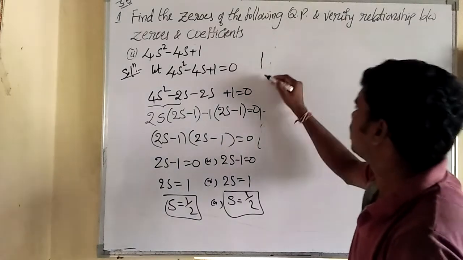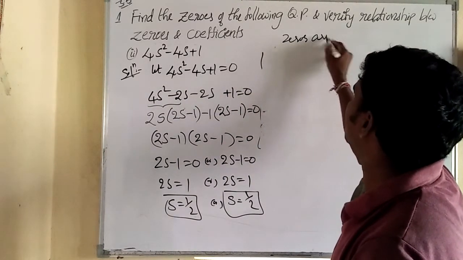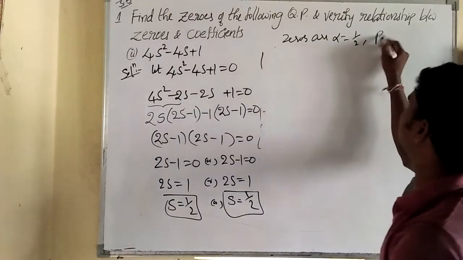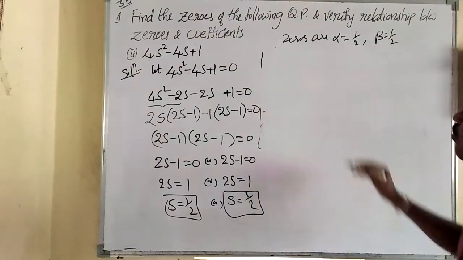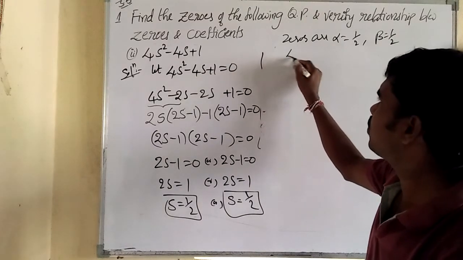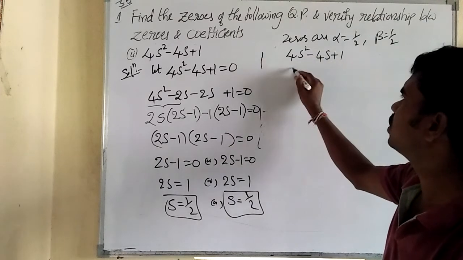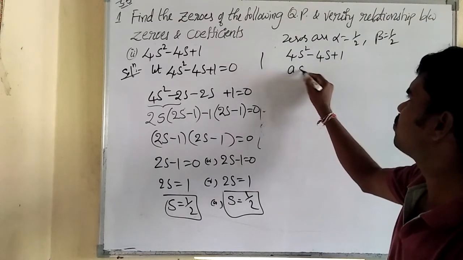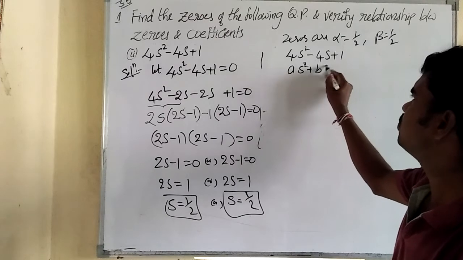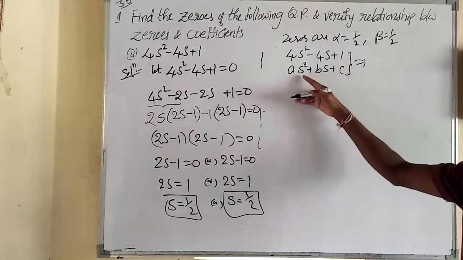Yes, verify the zeros and coefficients. What are the zeros? Zeros are alpha equal to 1 by 2 and beta equal to 1 by 2. Next, the coefficients. What are the coefficients? Compare with the general form ax square plus bx plus c, the quadratic polynomial in the variable s.